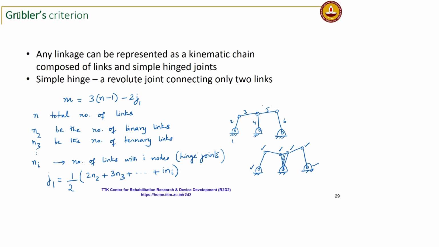When I count the joints, this will be the total number of joints. So, n equals n2 plus n3 plus ni, and I have j1 equal to half of 2 n2 plus 3 n3 plus i ni.